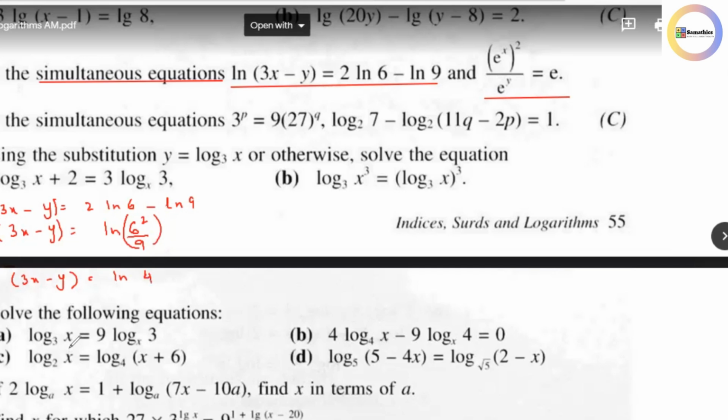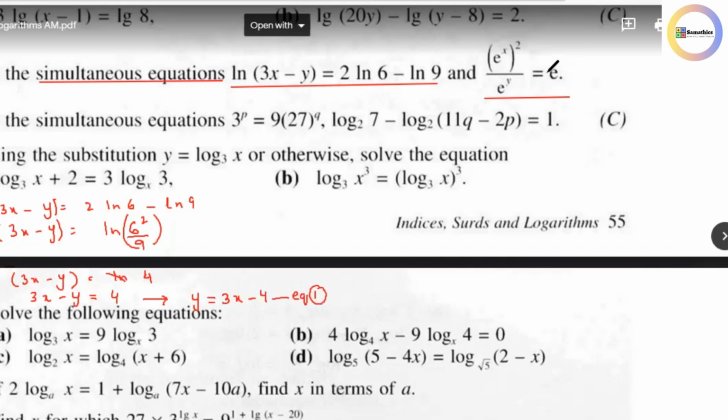Then we have ln(3x minus y) on this side and ln 4 on the other. We will cancel the ln because we have single logarithms on both sides, so 3x minus y is equal to 4, and from this we get y is equal to 3x minus 4.